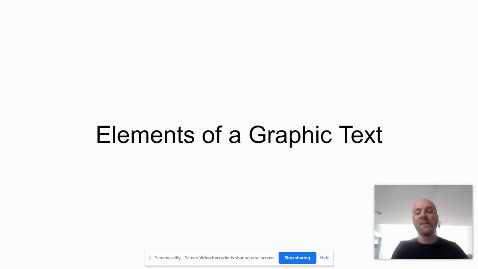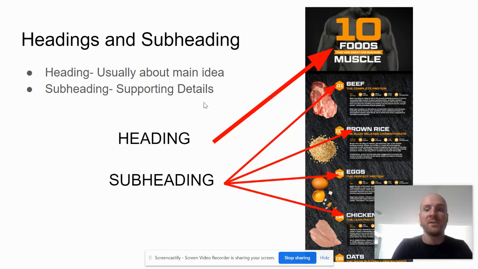So, elements of a graphic text. These are things you might run into. So headings and subheadings. Your heading is your title. So for example here, 10 foods that are great for building muscle. So I know what this graphic text is going to be about. It's the main idea. Any of these are subheadings.